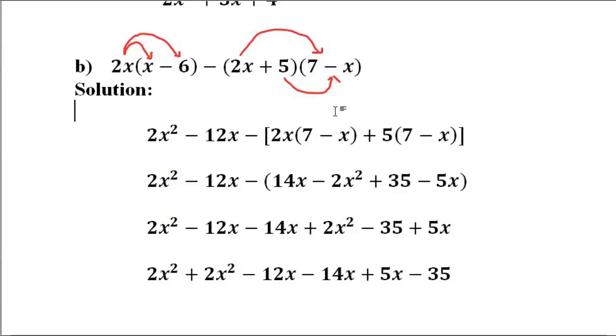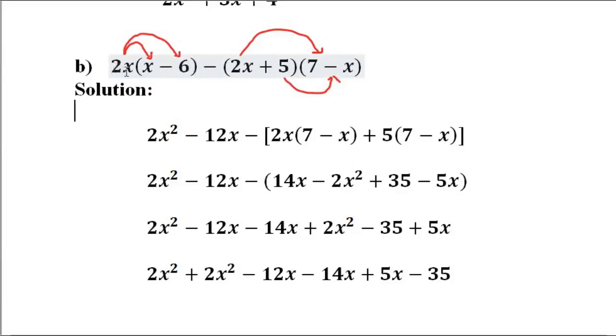Moving on to number 2, we have positive 2x and then in parentheses positive x negative 6, negative, and then in parentheses positive 2x positive 5 times positive 7 negative x. We are going to remove the parentheses.